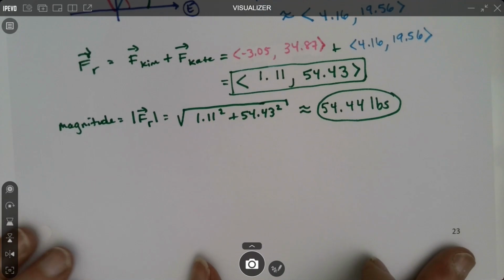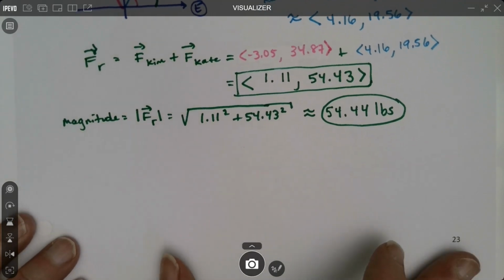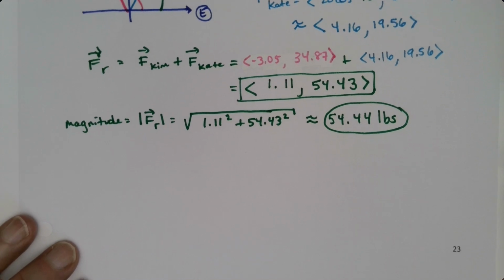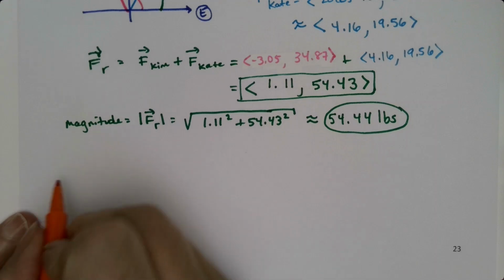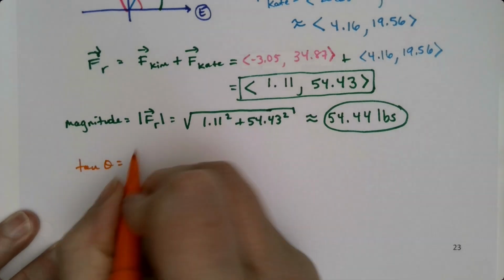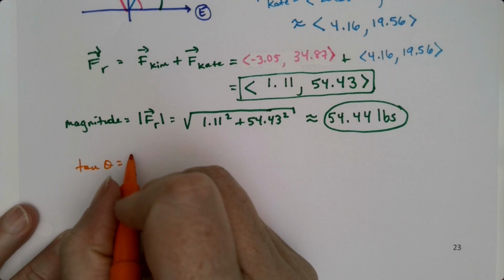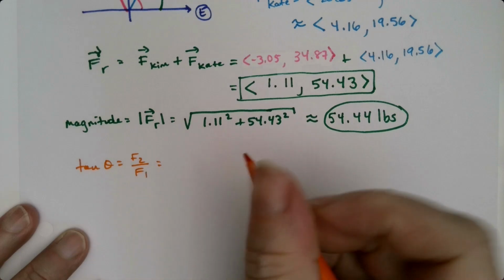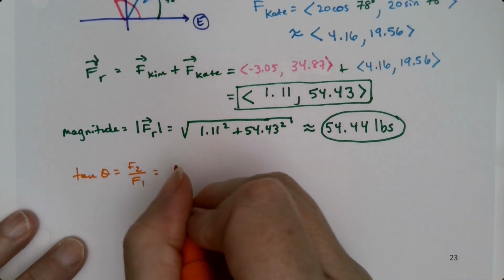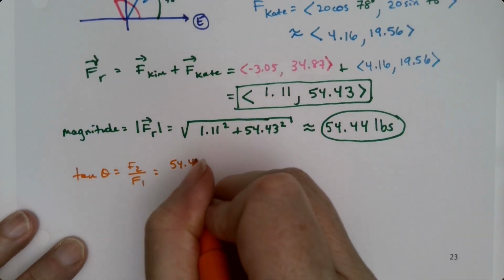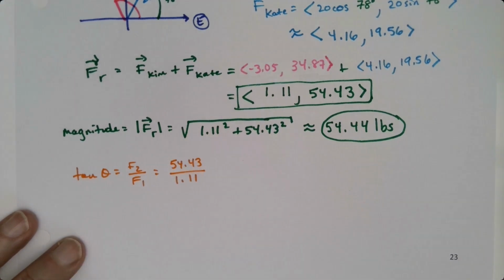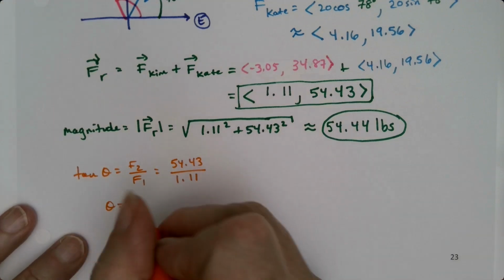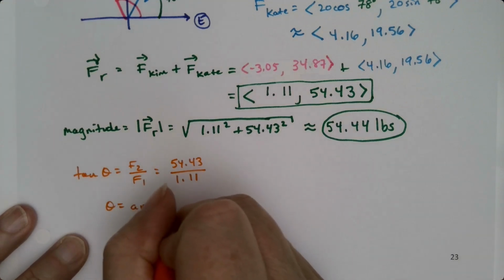All right, now we just have to find the angle, because that'll get us our direction, right? Well, we remember that the tangent of theta is equal to the force components, so F2 divided by F1. So that would be from my resultant vector, 54.43 divided by 1.11. Therefore, theta, related, is the arctangent.